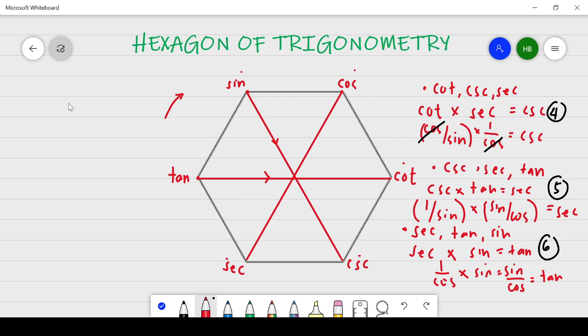Okay, I think we have enough derivation for the functions. Ang next naman natin is the complementary angle. So how about that one? So burahin ko lang ito. So how about complementary angles?